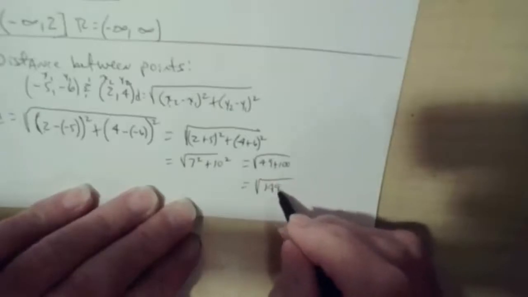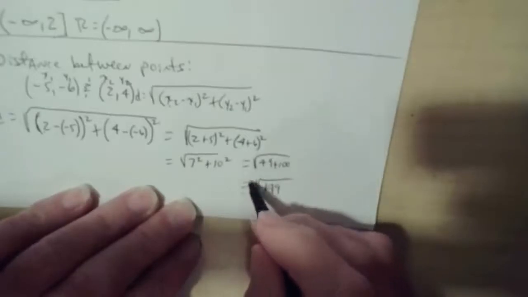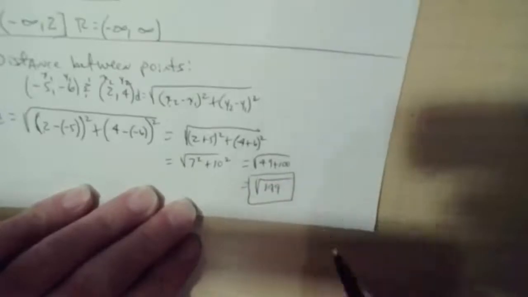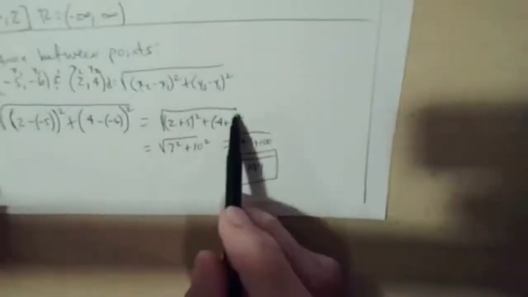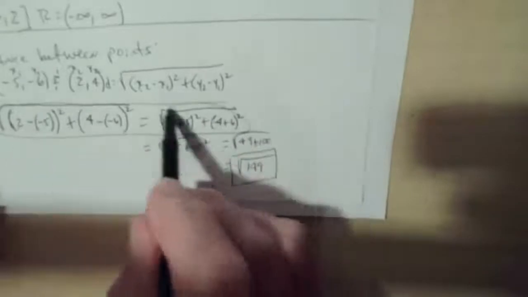If it's not factorable, or you can't take the square root of it, just leave it under the radical like that, that's fine. I'm more concerned with that you got this stuff correct, not so much the answer.